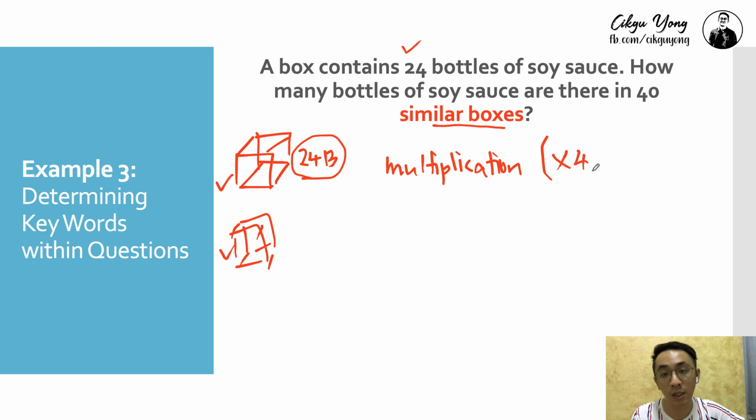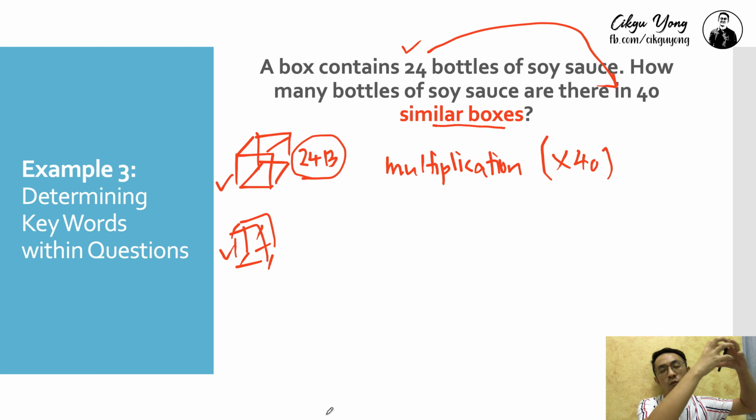24 times by 40. So actually addition and multiplication have a sort of interrelated relationship. So instead of adding 24 bottles, the original value, for 40 times continuously, you can straight away use 24 times by 40 similar boxes. So just try to imagine I have one box. Within one particular box, I have 24 bottles.